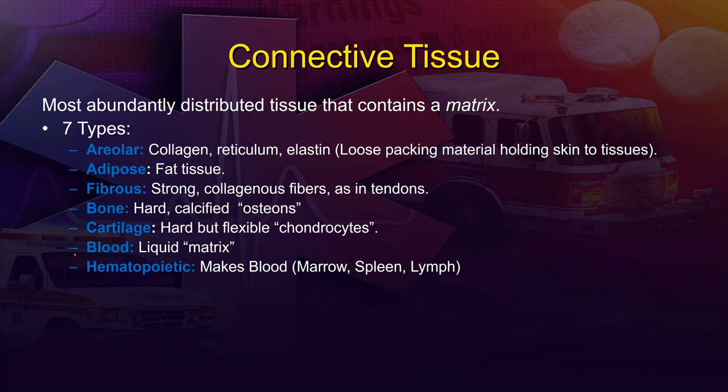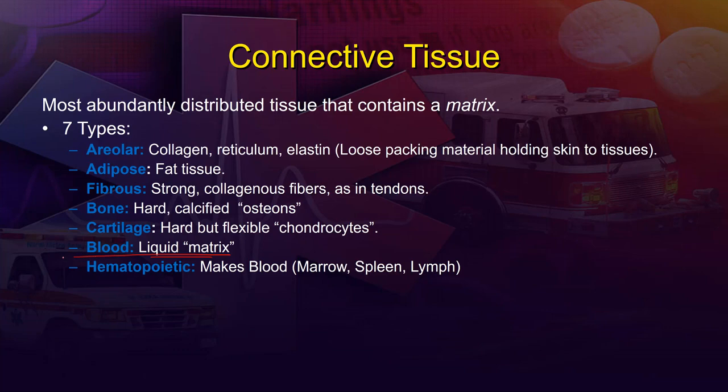In this list, we do have a type of liquid matrix. So this does mean that blood in total makes up its own type of tissue when we're dividing tissue types. Blood is a liquid matrix, and really we would know that because if we just think about the process of bleeding, if we have a cut, we know that there's a matrix that's created.